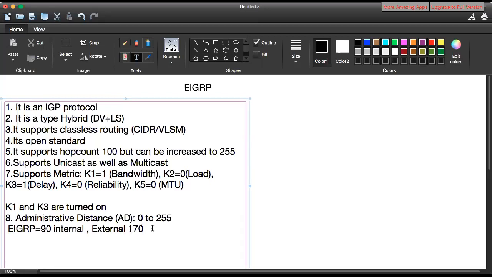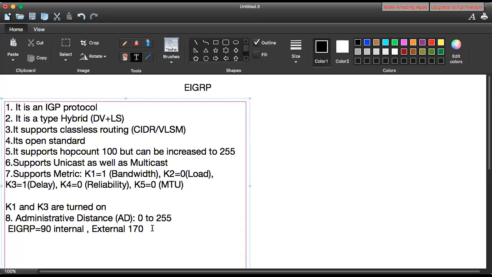What is the AD of connected interfaces? The connected interface AD is going to be 0. The static and default is going to be 1. So connected is more trustworthy. And then you have EIGRP, then OSPF, then RIP, and so on.